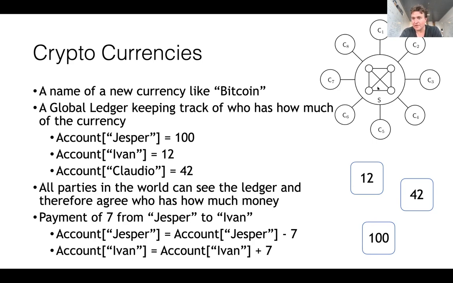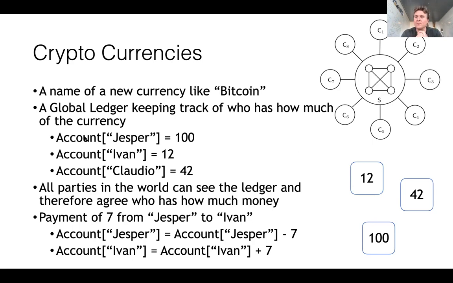Anyway, the idea is you have this totally ordered broadcast channel, and you use it to implement a replicated state machine. The only thing this replicated state machine does is keep track of this state, called account, and how the money is moving around.